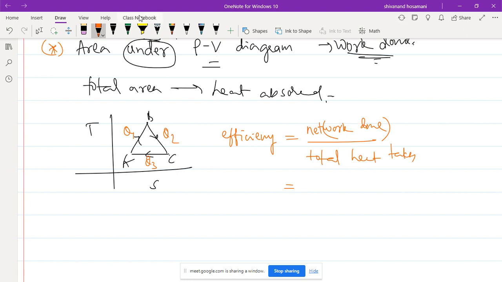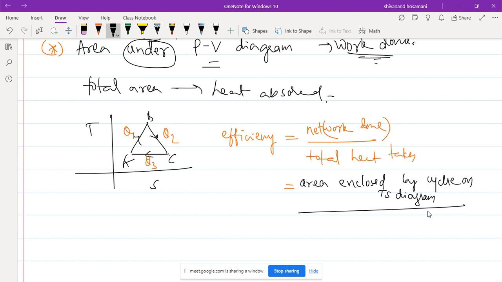TS and PV both give the same: the area enclosed by a cycle on the TS diagram, whole divided by the total area.